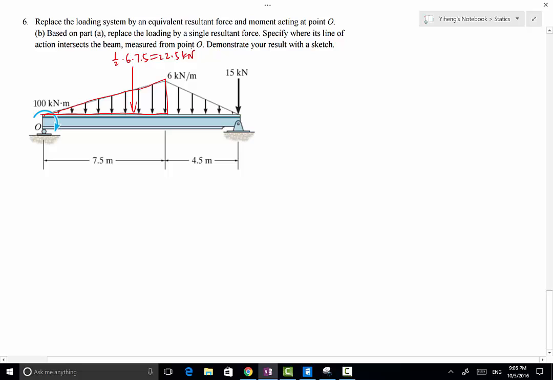And its location is 1/3 from the base, therefore 2/3 from the tip. And that is 2/3 of 7.5, that's 5 meters. So that's the first force.